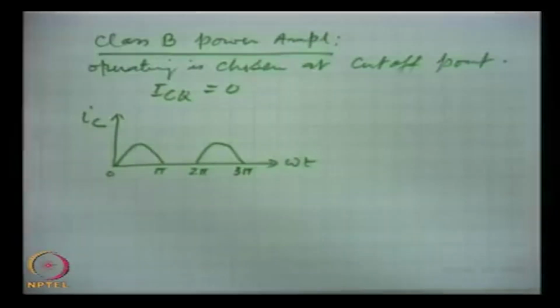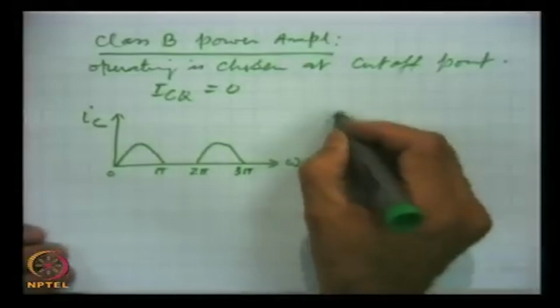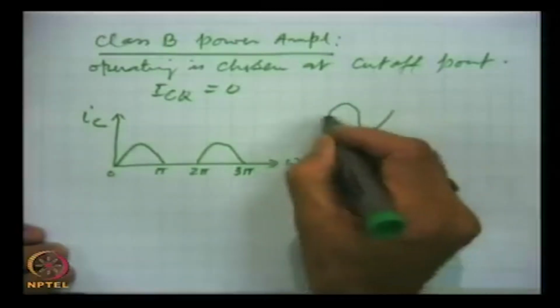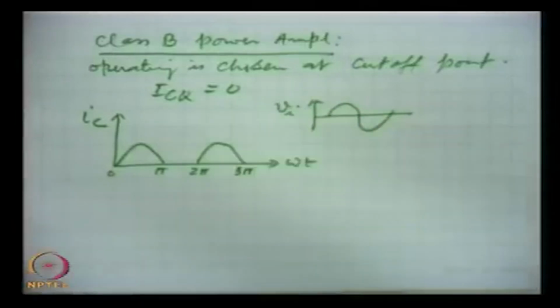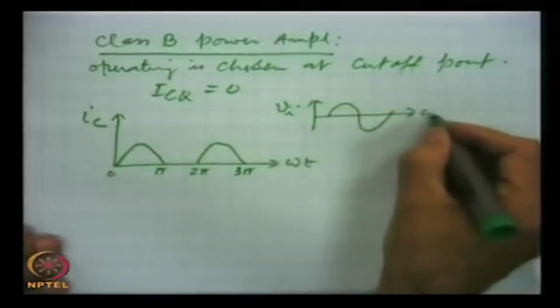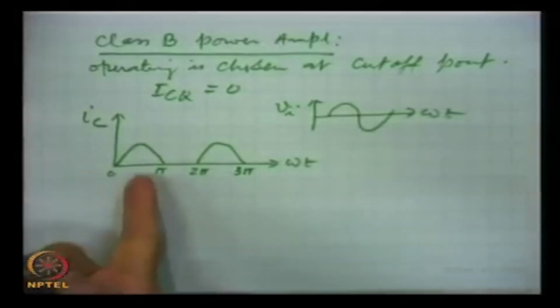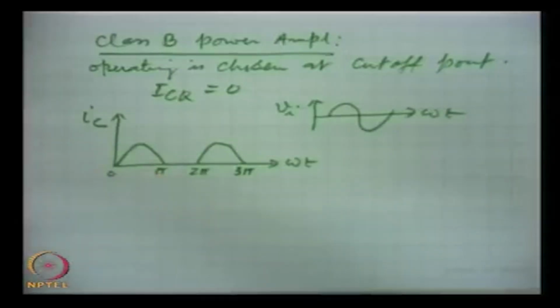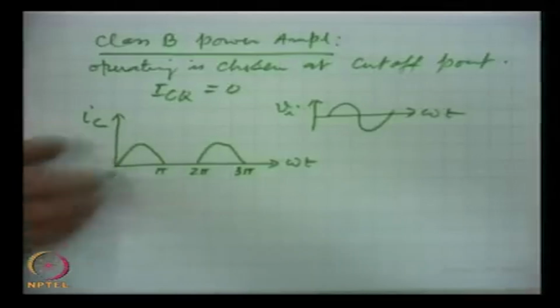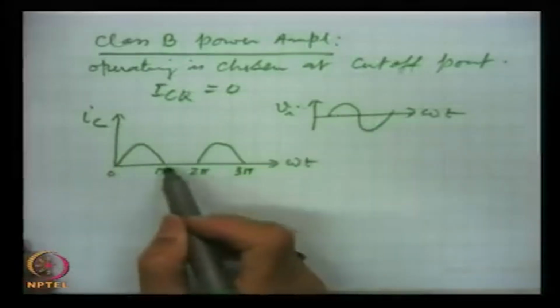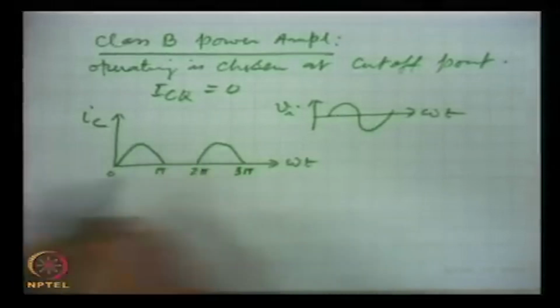So, that means when the input signal is this, the output will be like this. Now, this is highly distorted. This indicates that half of the information will not be there in the output.